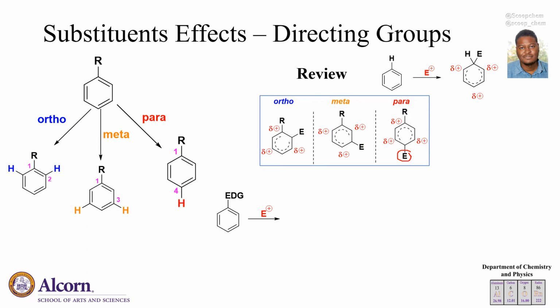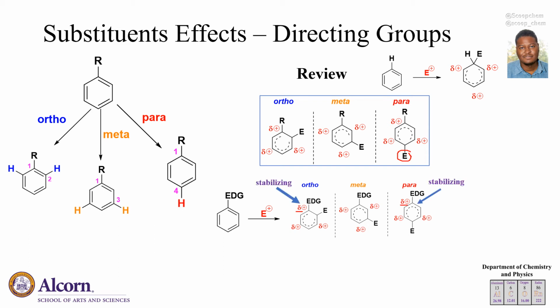If I have this electron donating group and add it into my 3 different positions, ortho, meta, or para, as we were saying earlier, now I have my electron donating group underneath this delta plus. For the ortho position as well as the para, I have an electron donating group underneath that, and that's a very good thing.